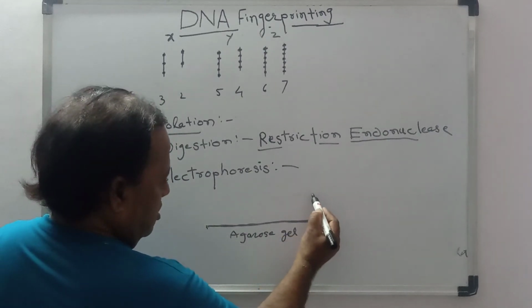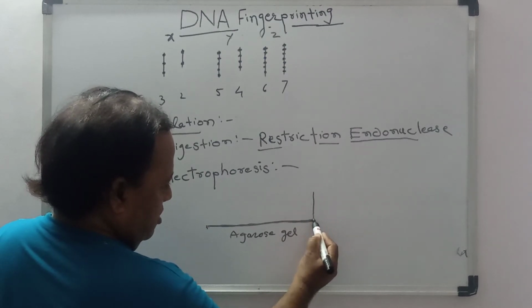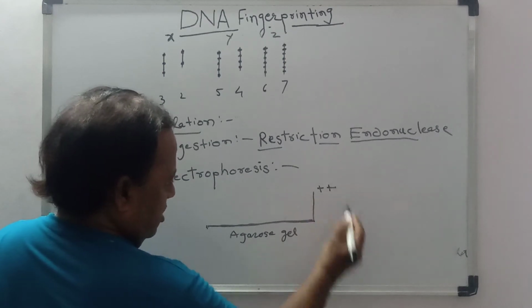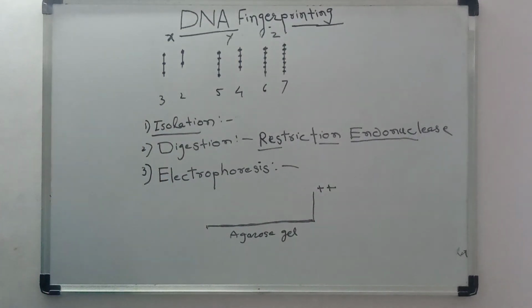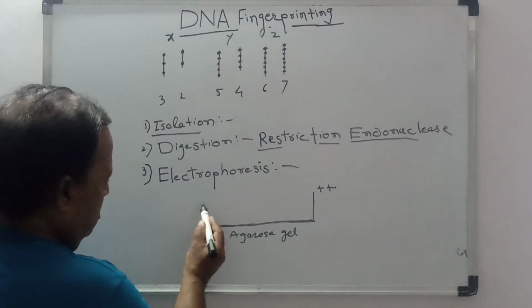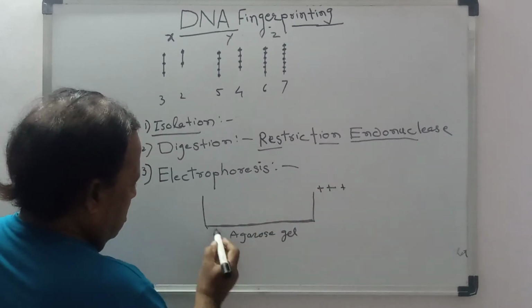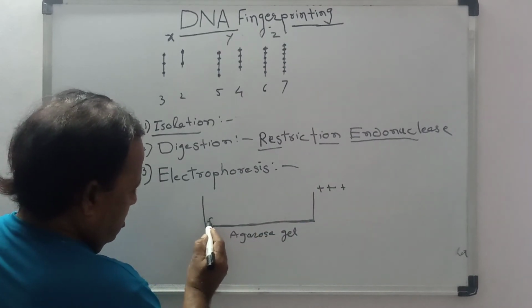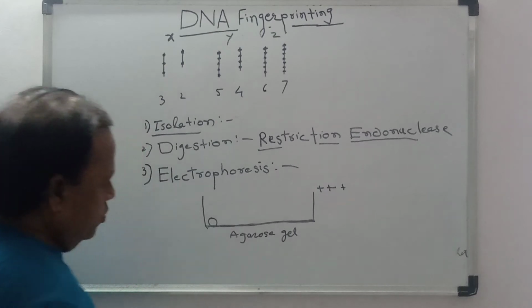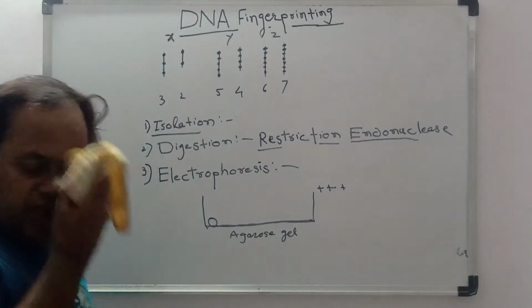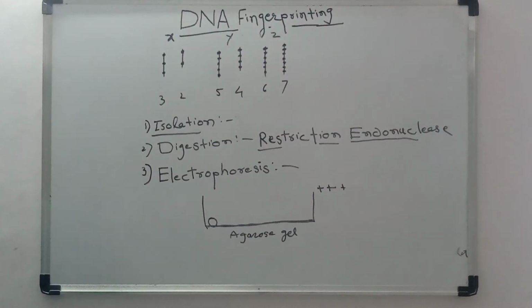Here, one positive charge is kept. As you know, DNA is negatively charged. Here is the positive charge and the negatively charged DNA is put here. So according to the size of the particle and the amount of charge they are carrying, the DNA will run towards the positive charge.